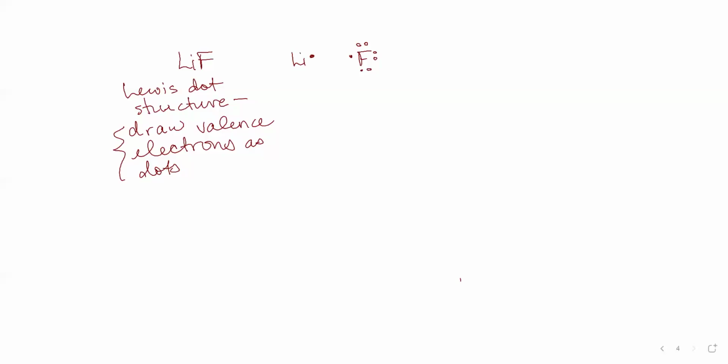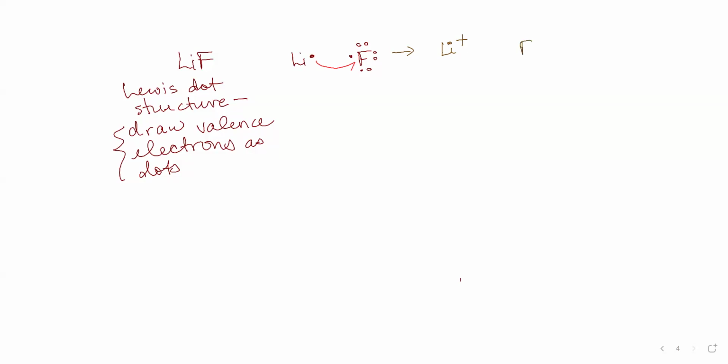For an ionic compound, the lithium's electron is transferred to my fluorine. When that happens, I get my lithium ion. We don't draw any dots because lithium no longer has any valence electrons. They are all core electrons.